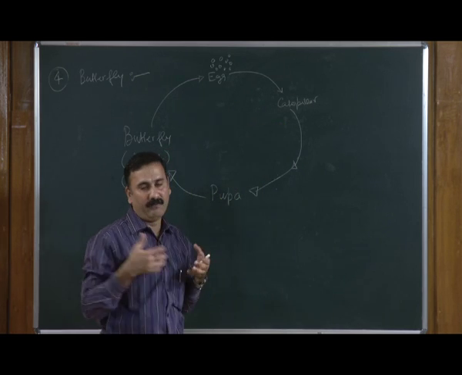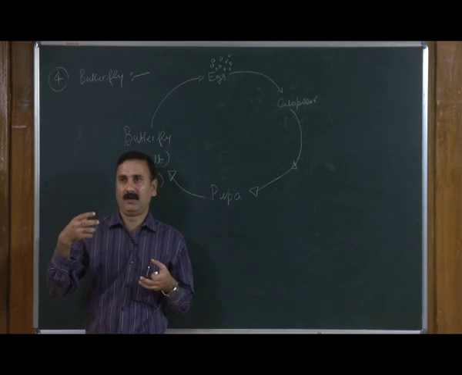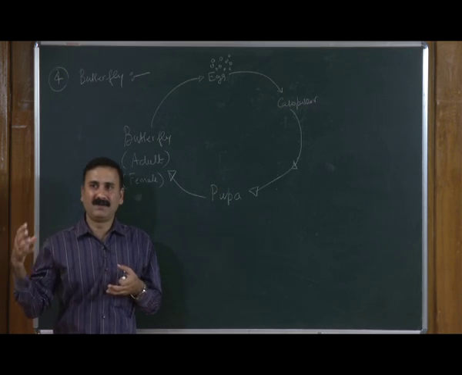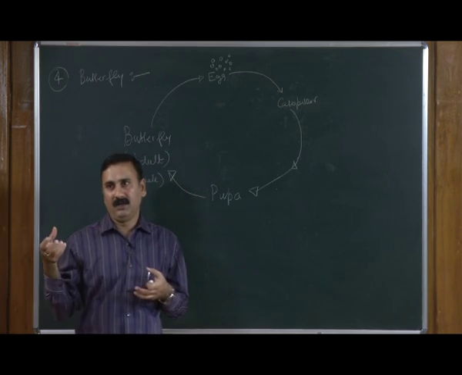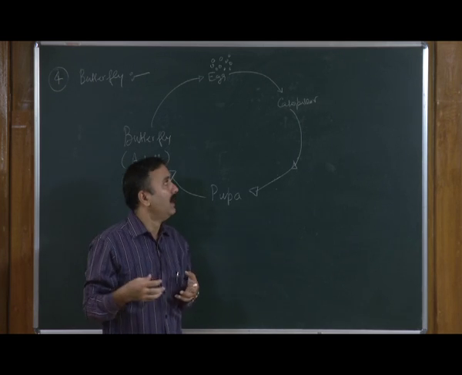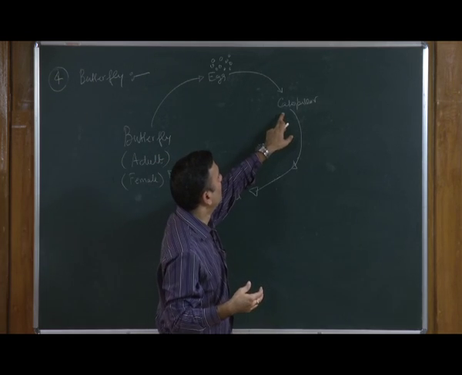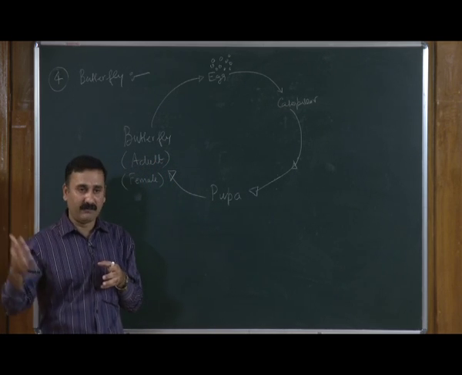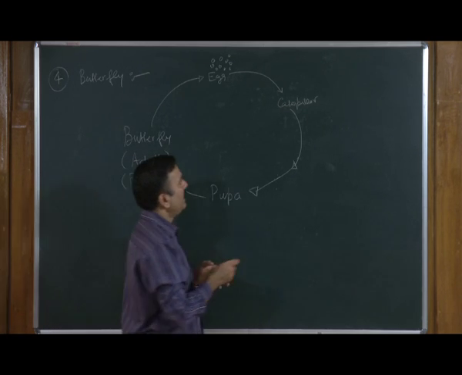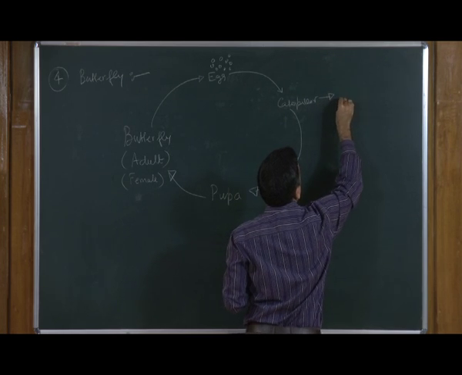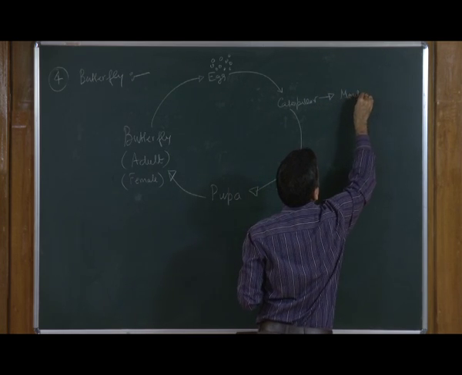The caterpillar is a very active stage where it starts eating the leaves as well as the green parts present on the plant, and during this process the caterpillar loses its skin on several occasions, through a process called molting.